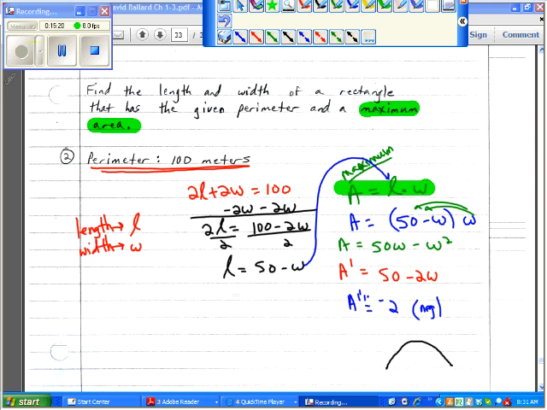So we want to set the first derivative equal to 0. It's good to just go ahead and plug it in and solve, as we saw in the last example. So we set 50 minus 2W equal to 0.